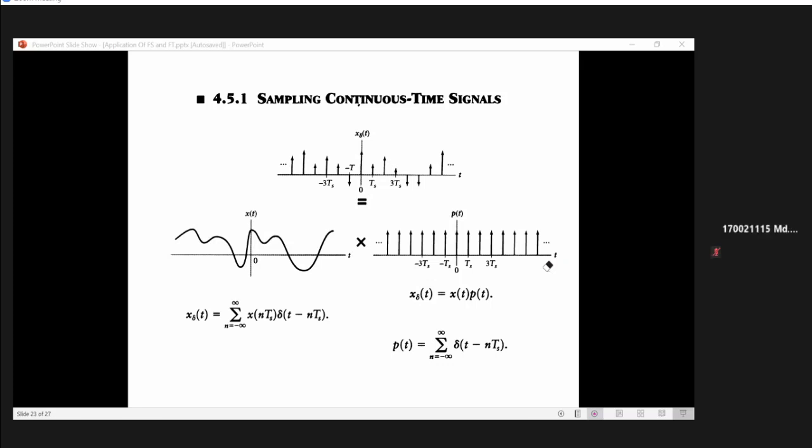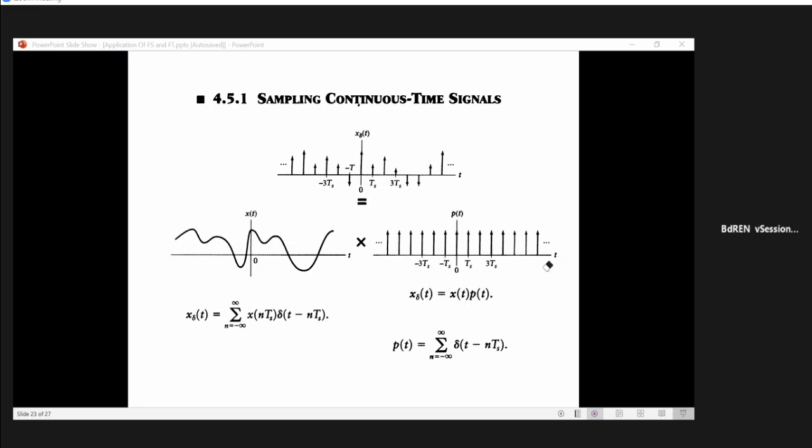So in your earlier days, what criterion did you learn in terms of sampling? Nyquist criterion, okay? That means your sampling frequency should be greater than or equal to twice the bandwidth of your signal.